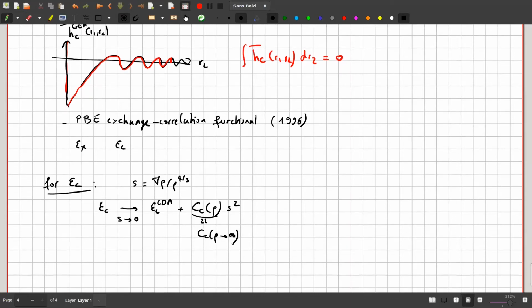Okay, the second condition that they imposed was to say, okay, in the opposite limit, when the reduced density gradient becomes infinite, which happens in the exponential tail of the density, so far from the atoms, it must go to 0 because the exchange dominates in this region.